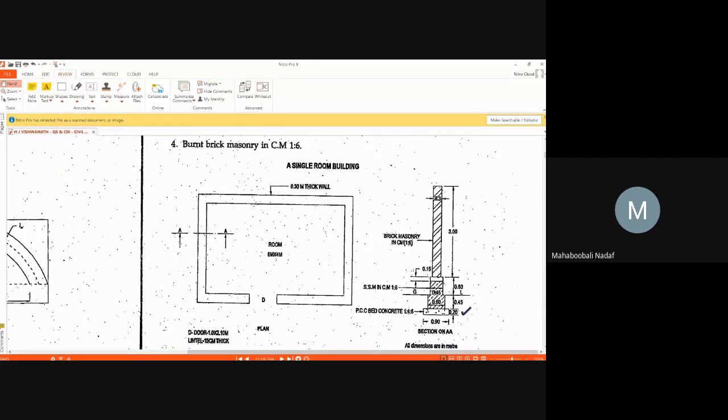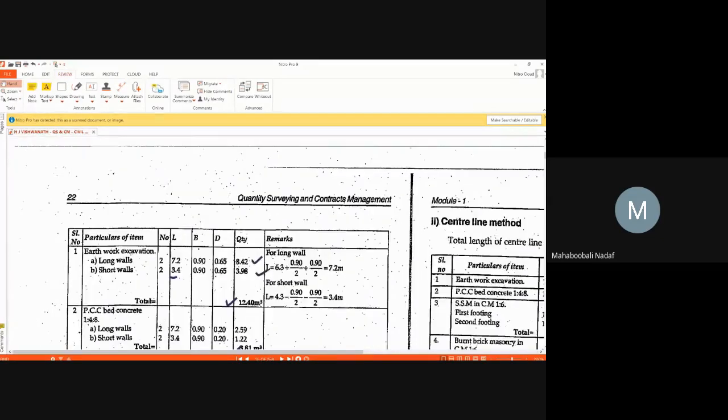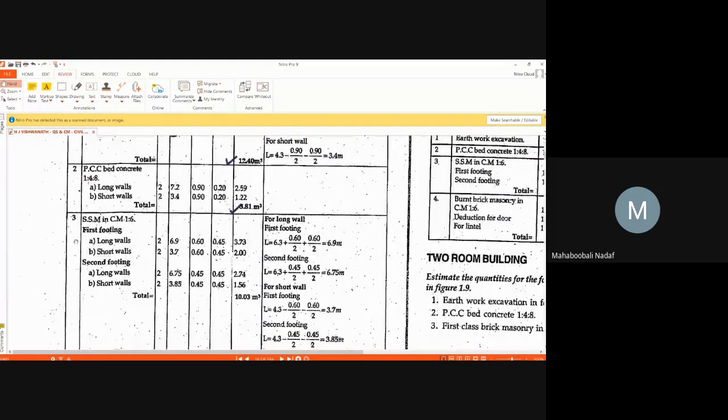Above the ground level, 2 long walls, short walls. Only the change will be in width and depth. Now see here. You write stone masonry, that is the third item. First footing, long wall, short wall. Second footing, long wall, short wall. How many long walls? 2 long walls, 2 short walls, 2 long walls, 2 short walls.